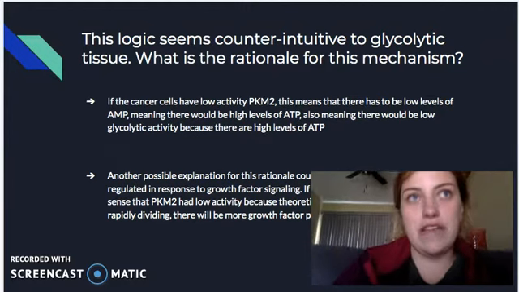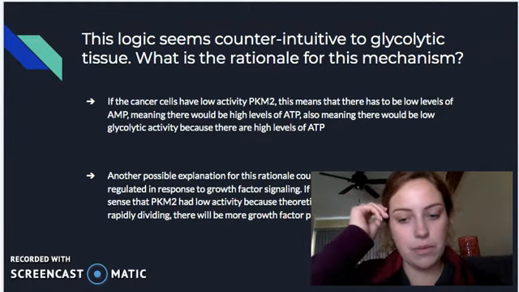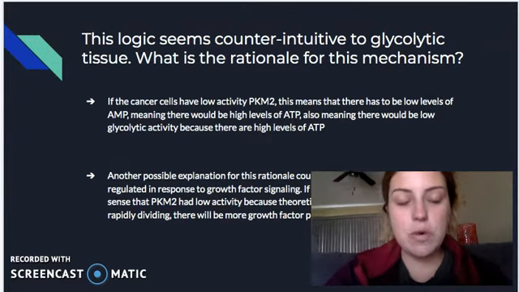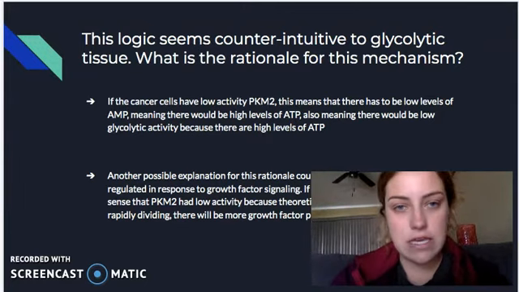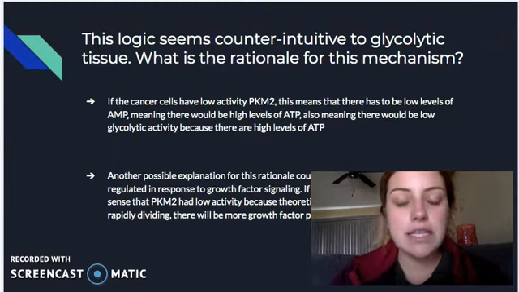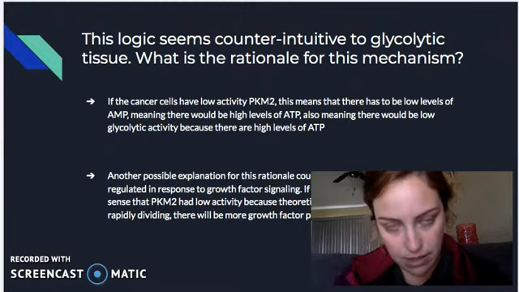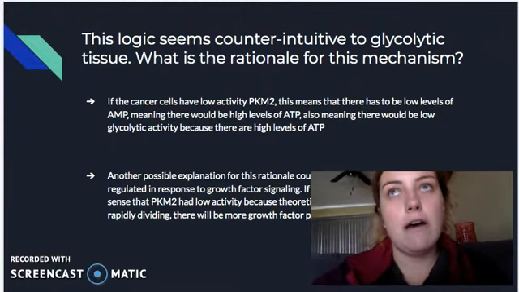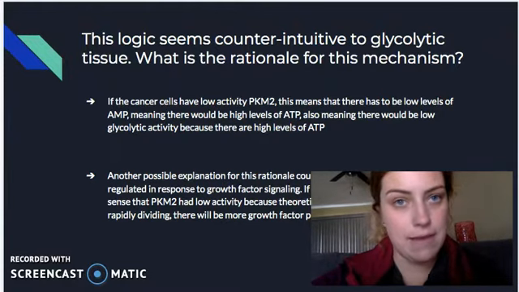Here's one theory that I came up with after a little bit of research and talking it out with myself. If cancer cells have low activity PKM2, this means that there has to be low levels of AMP, because we just said before that pyruvate kinase is activated by AMP.